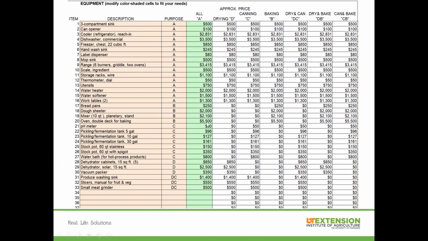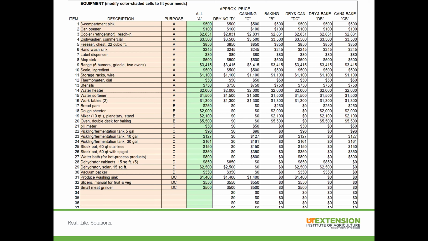So I mentioned that we had to identify whether it's for canning or if it's for baking or if it's for drying, or if it's for some combination of those, or if you're going to use it for all of those. Then this spreadsheet allows you to go in there and put the different pieces of equipment that you're going to have, and then identify them according to the purpose that you're going to use them for.